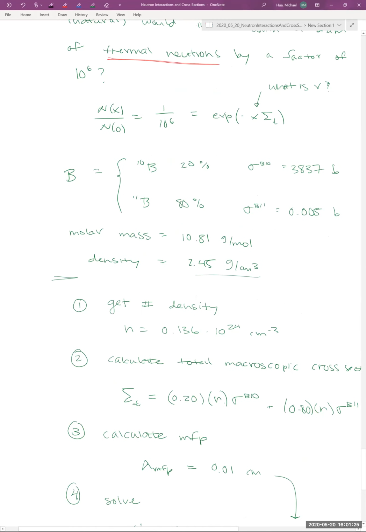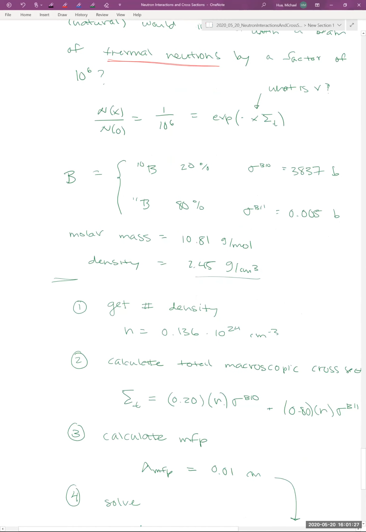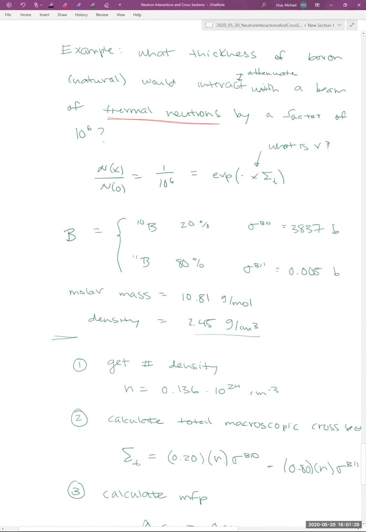And that's why we use microscopic and macroscopic. So the microscopic cross-section is a property of the atom. Based on the structure of the atom, how many neutrons and protons there are, the probability of interaction changes.